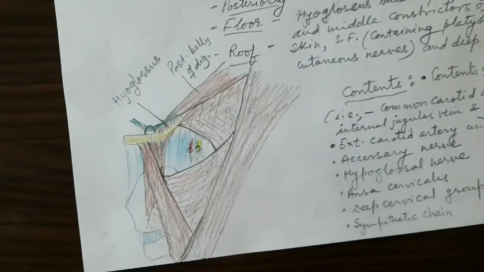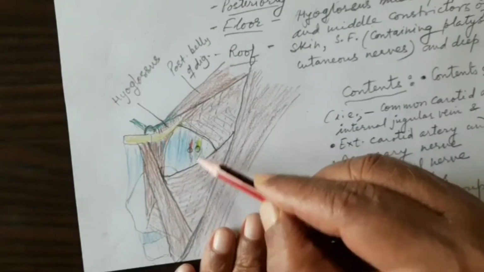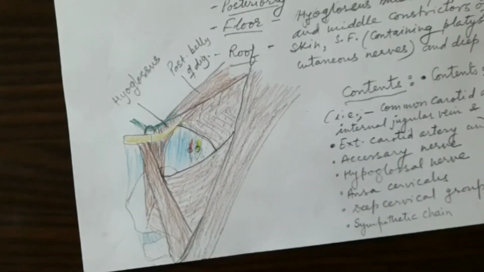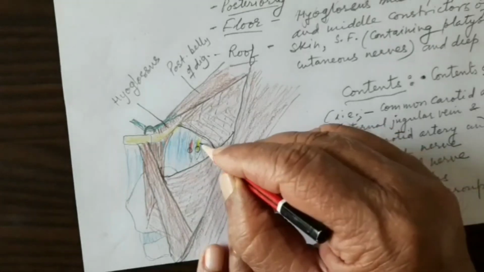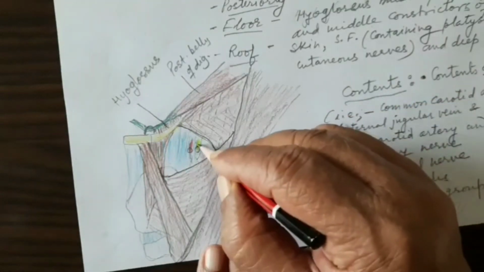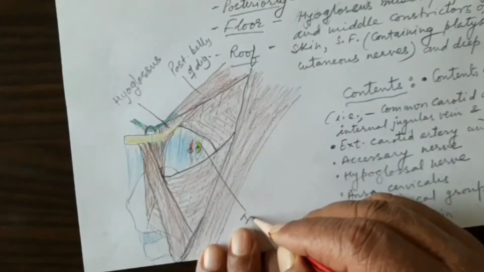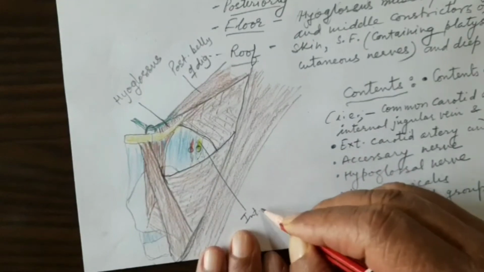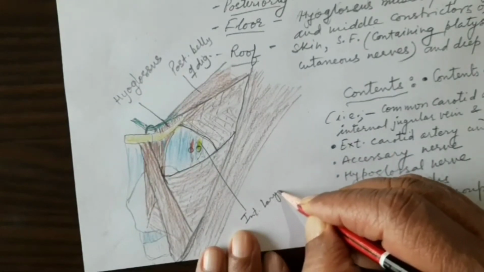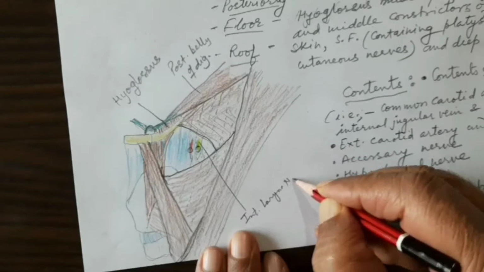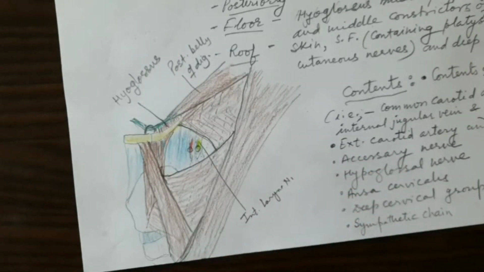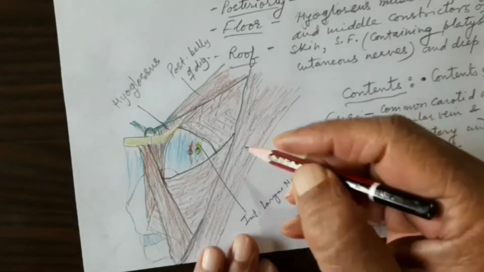Now this thyroid membrane shows two foramina, for the openings of the internal laryngeal nerve, a branch from the superior laryngeal nerve of the vagus, going inside to supply the muscles of the larynx.